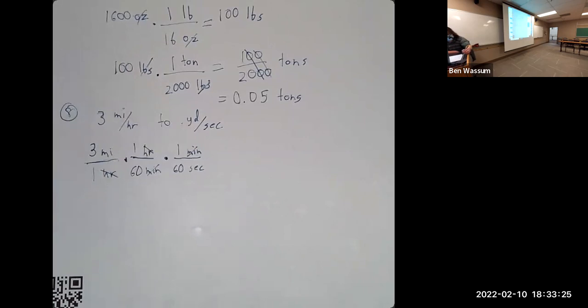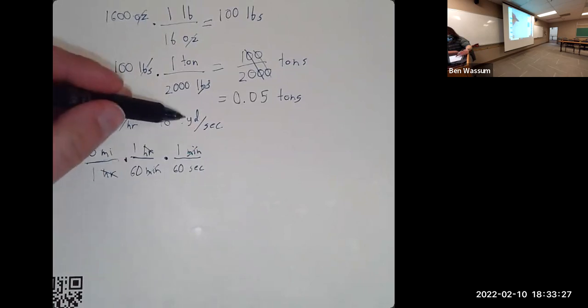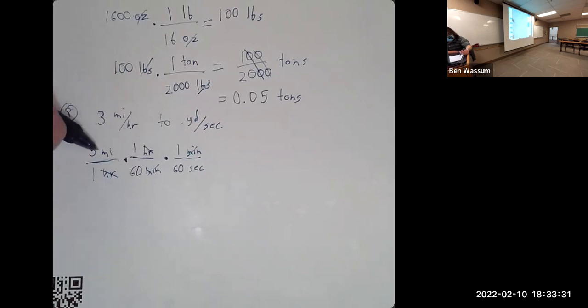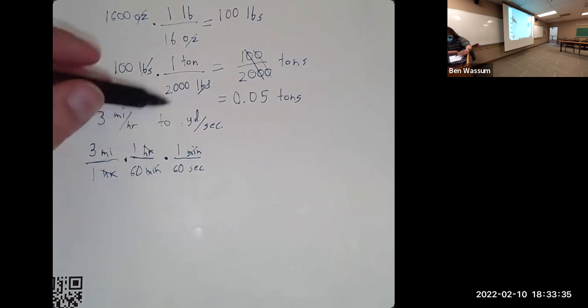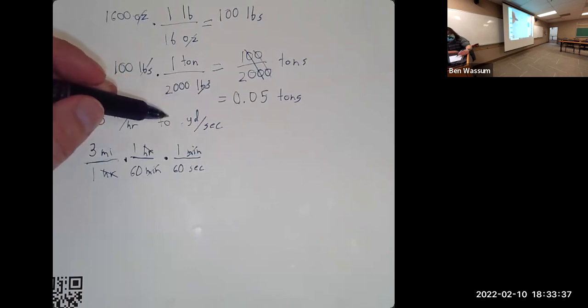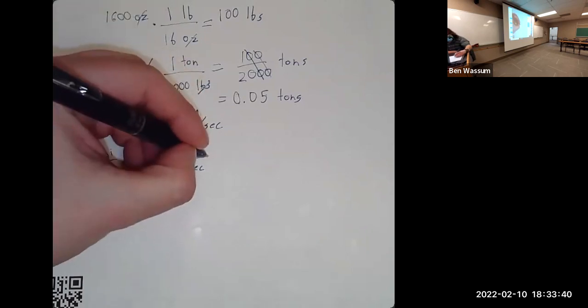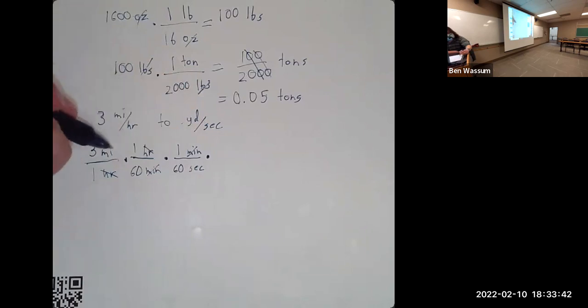Okay. But we don't want miles. We want yards. What we can do is go from miles to feet and then feet to yards, right? We can do that. So we're going to actually end up multiplying that further onto this.